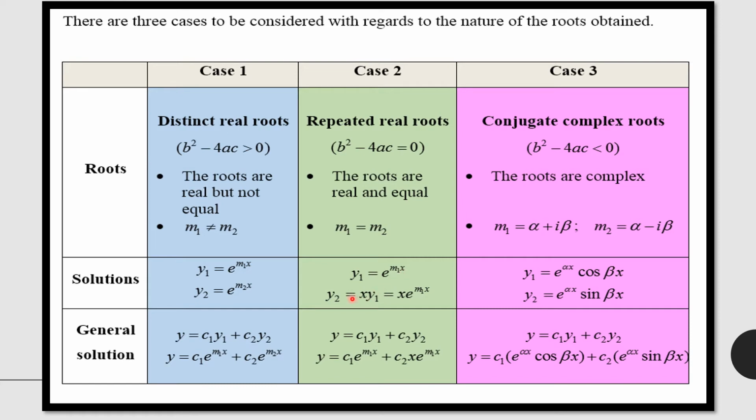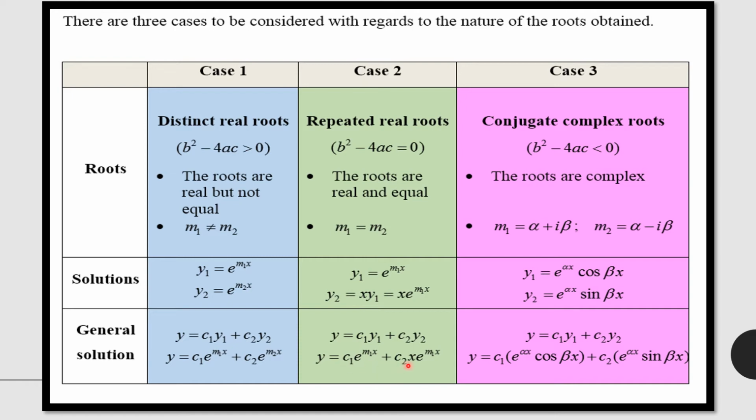To get y2, since m2 is equal to m1, then we need to apply this formula, which is y2 is x multiplied by y1, or x multiplied by e to the power of m1x. So these are the two solutions, y1 and y2, and then you can write the general solution as given in this form.